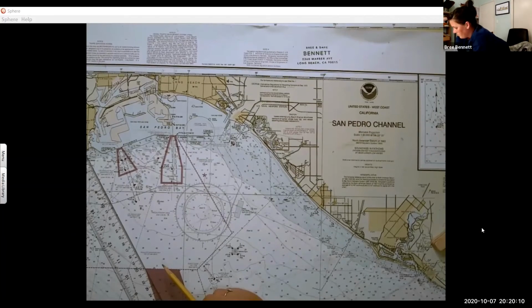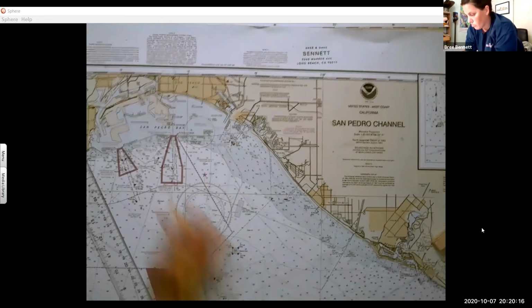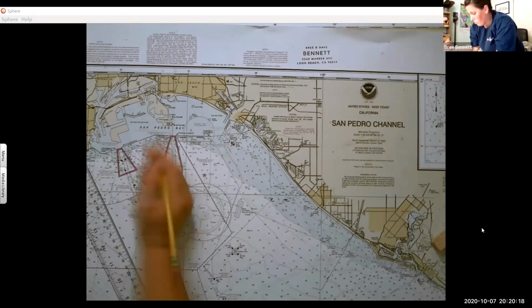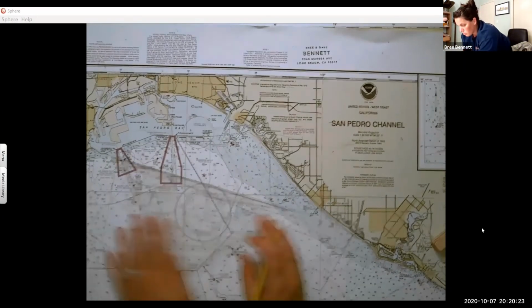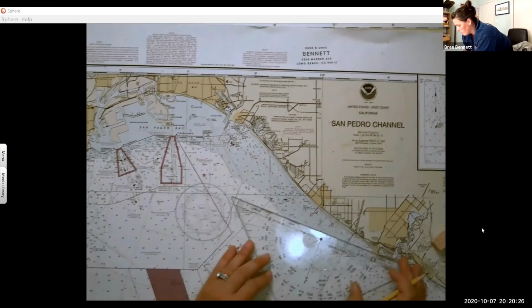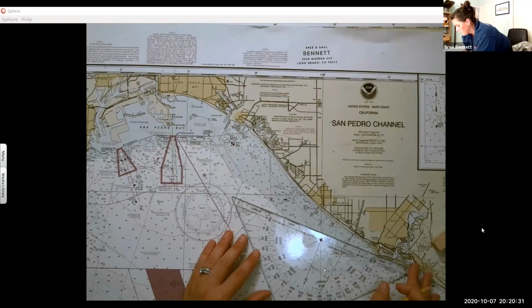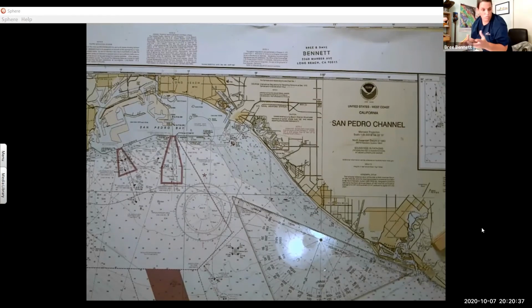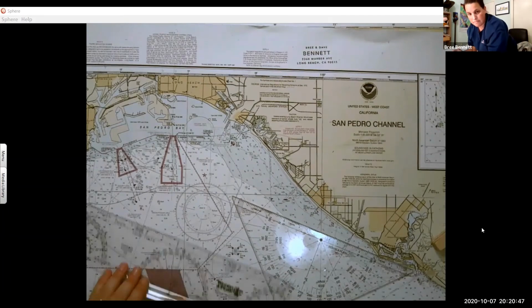Okay, so we plotted our line. I'm going to write on my line. Oh, I haven't figured it out yet. What is my true course? So we could use any of the vertical lines if you are using a triangle, or you can use a roll plotter.